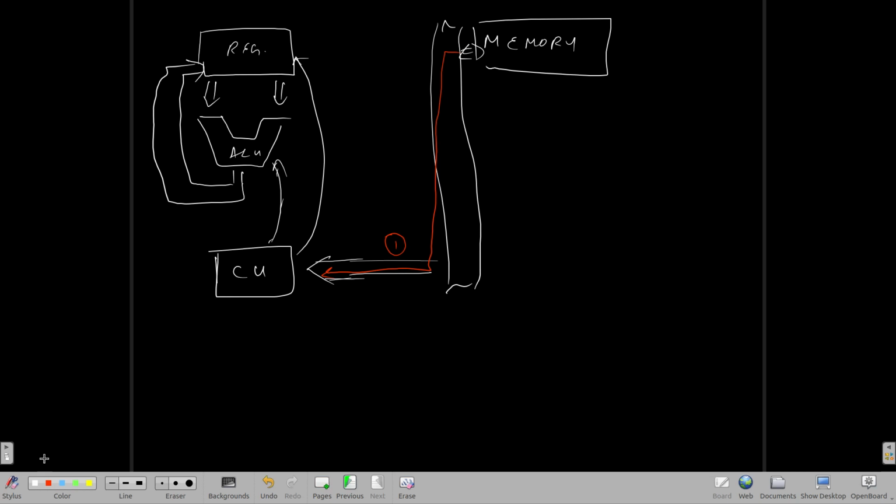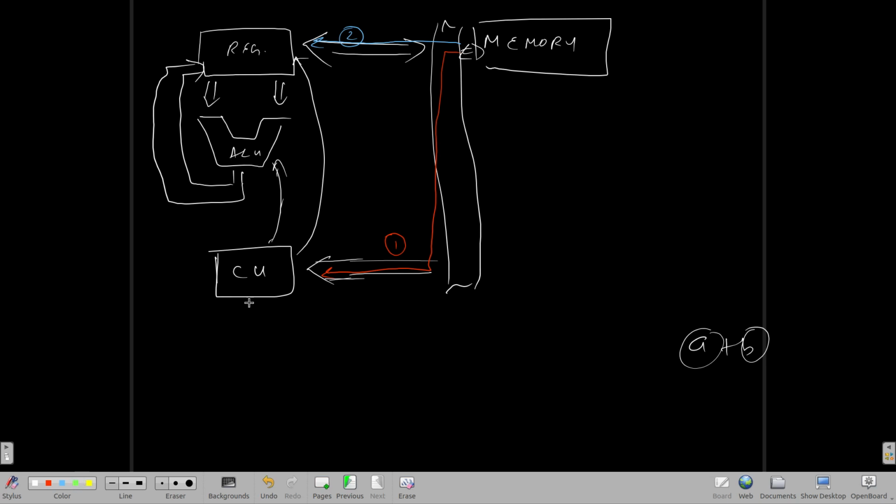For example, if the process to be done is A plus B, A and B are required, right? So where does that come from? It may come from some input device or it may be in the memory. So that data has to be taken from the memory into the registers. That is step number 2. Because remember, without using the registers, the ALU cannot function.